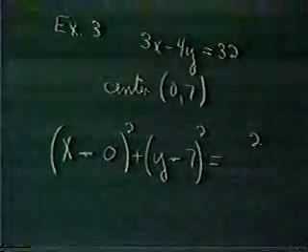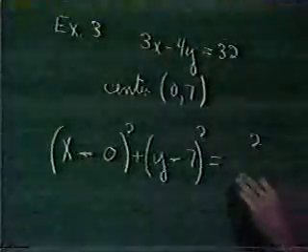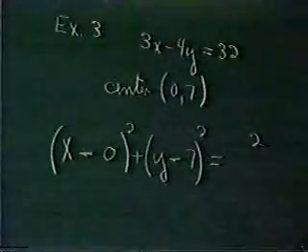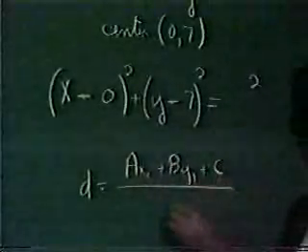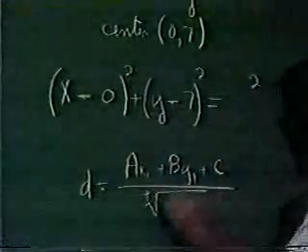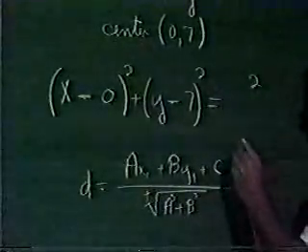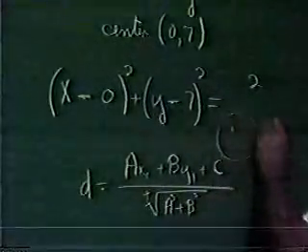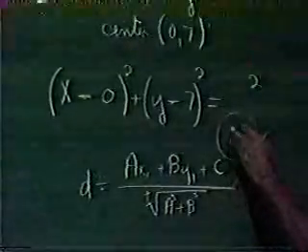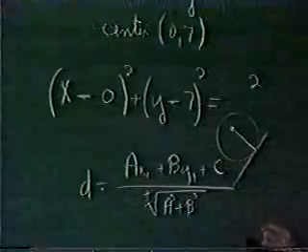How far is it from the center out to that point of tangency? Well, that happens to be the distance formula: ax1 plus by1 plus c over plus or minus the square root of a squared plus b squared. You see, to find that distance from the center out to this line, it's the distance from a point to a line.